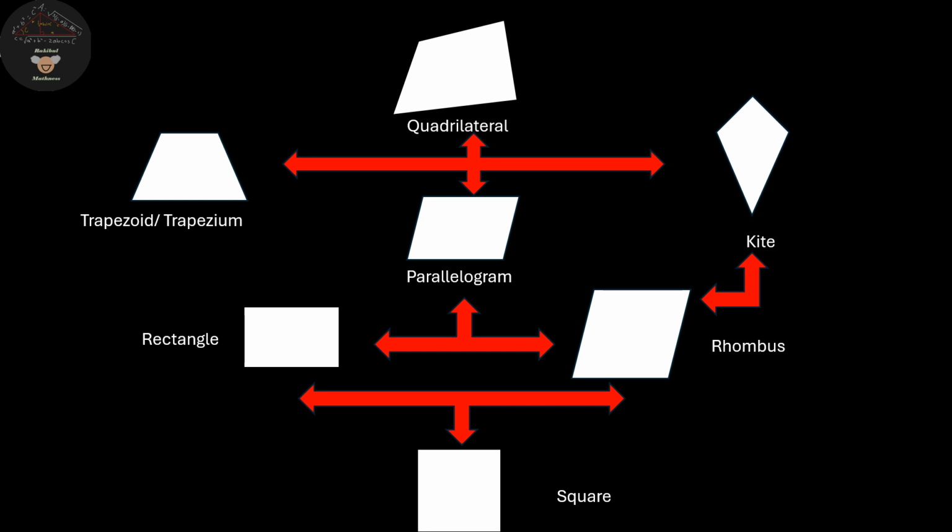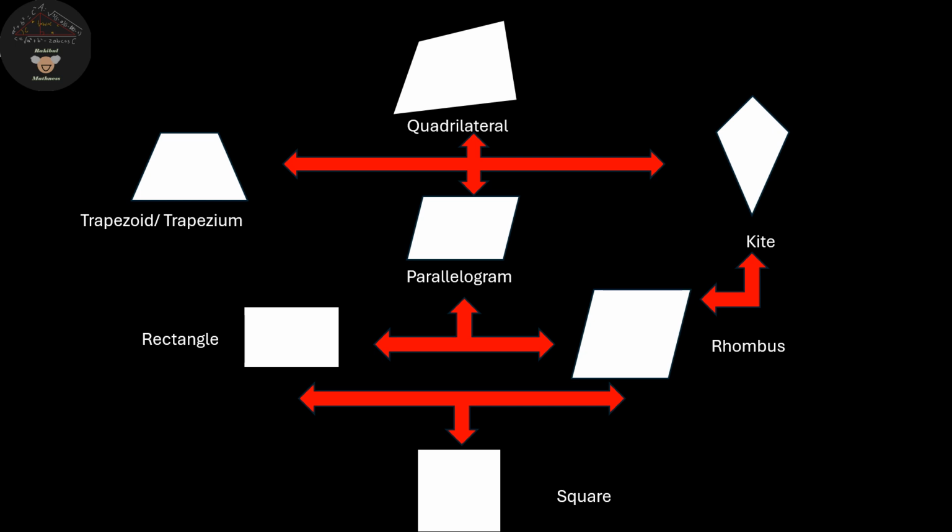Diagonals bisect at 90 degrees, just like the kite's description. So remember this: a square is a kite, a rhombus, a rectangle, and a parallelogram. A rectangle is a parallelogram, a rhombus is a parallelogram, a rhombus is also a kite. A kite, a parallelogram, and trapeziums are all quadrilaterals.